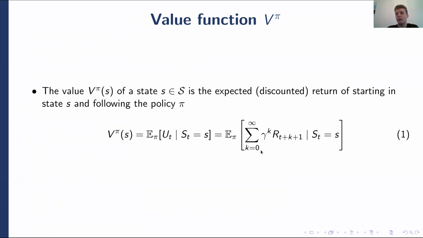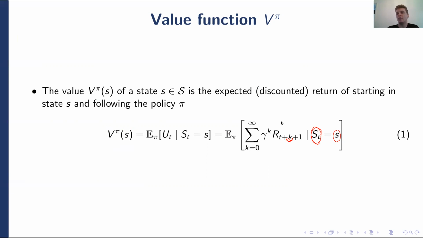So we have this expectation under the policy pi of starting at a time step t at state S of the sum of rewards that you can expect after time step t.